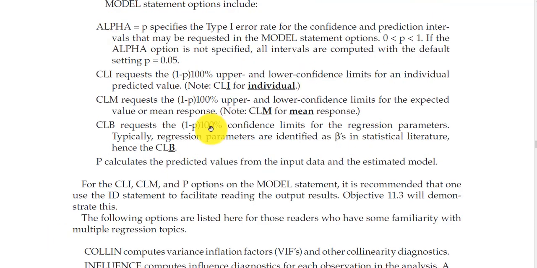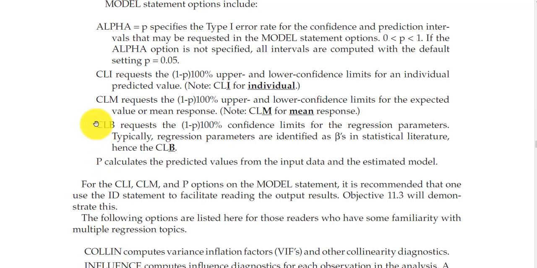Recall I spoke about confidence intervals both for beta, the mean response for y, and for prediction intervals. Those requests are all available on the model statement, working from the bottom up here. P requests the predicted values, or the y hat values, for each of the observed x's. They aren't printed by default, so you have to ask for those.